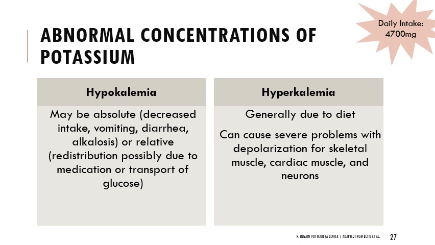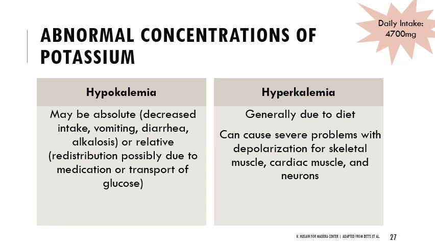The recommended daily intake of potassium is 4,700 milligrams. When your potassium levels are too low, that's hypokalemia, so you should know that term. We can say that it's absolute or relative. So when it's absolute, that means that you don't have it in your body. It's either not there to begin with, or it's been removed through decreased intake.